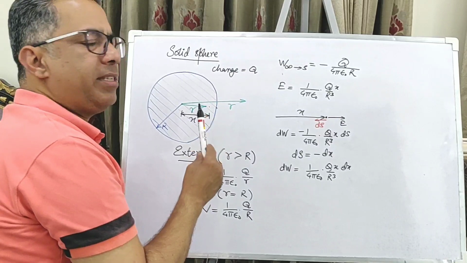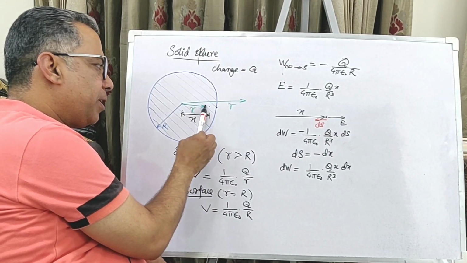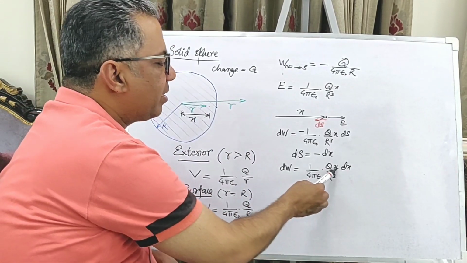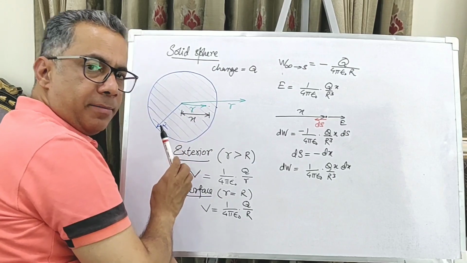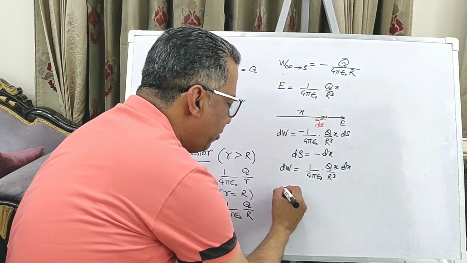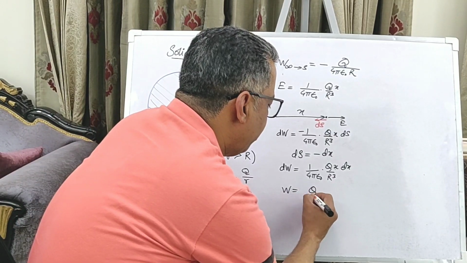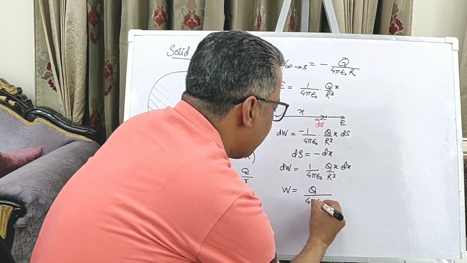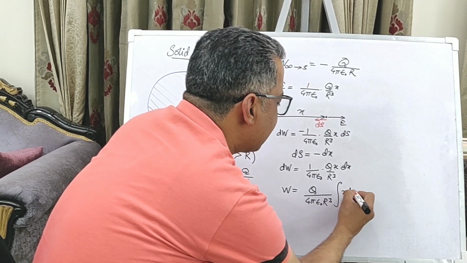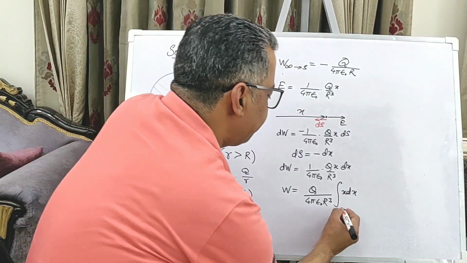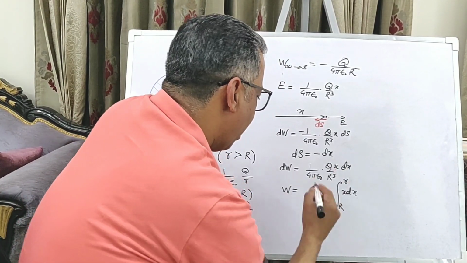Now we were interested in calculating the work done from the surface up to this point. So x varies from capital R to small r, and therefore the total work done from the surface to this point will be equal to q by 4 pi epsilon naught R cube times the integral of x dx from capital R to small r.